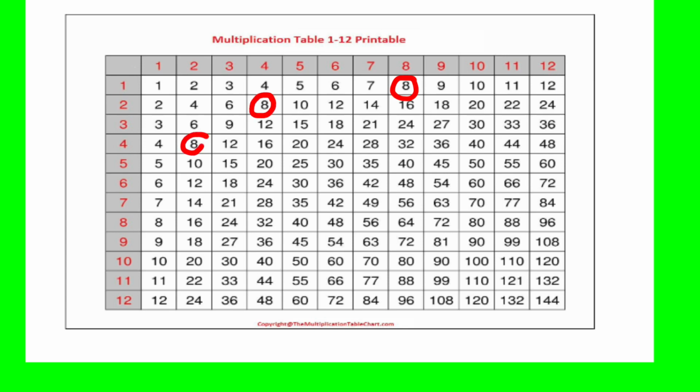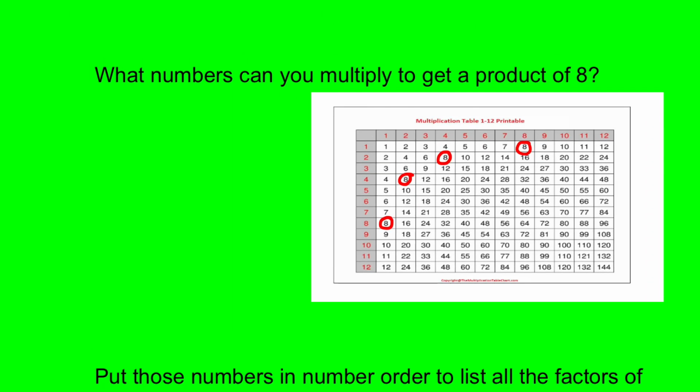And there's an 8 there, and there's another 8 right there, right? So all the numbers that multiply to 8, I just had them list them. They came up with 1 times 8, or 8 times 1, which is the same thing. They came up with 2 times 4, or 4 times 2, which is the same thing. And those are all the whole numbers that multiply to 8.